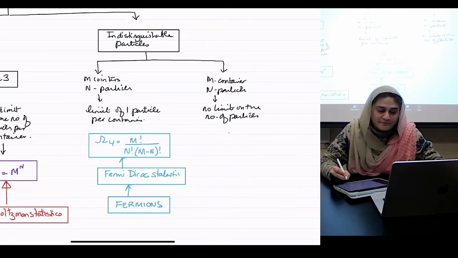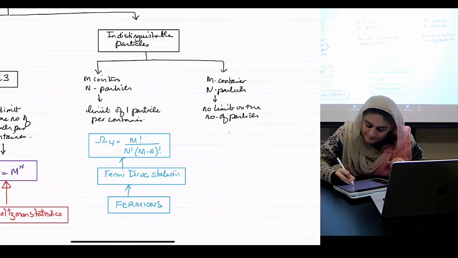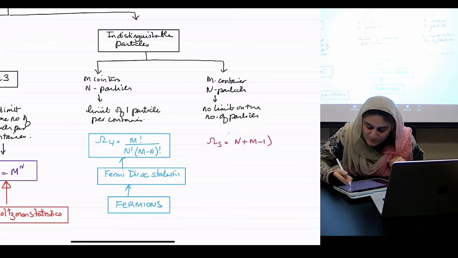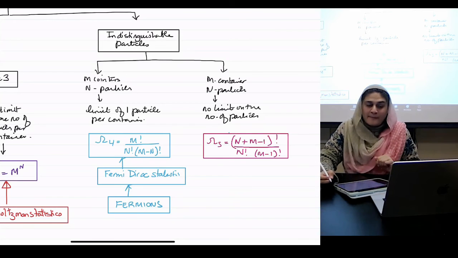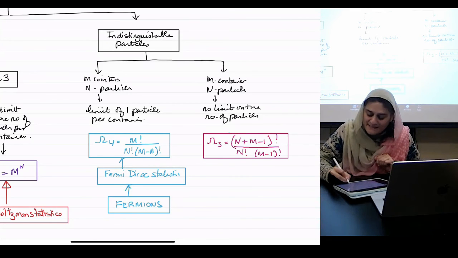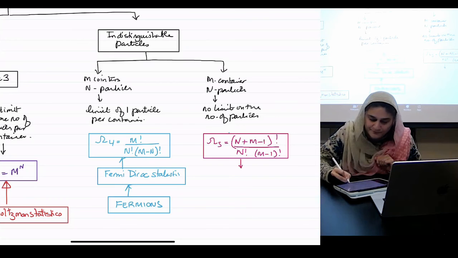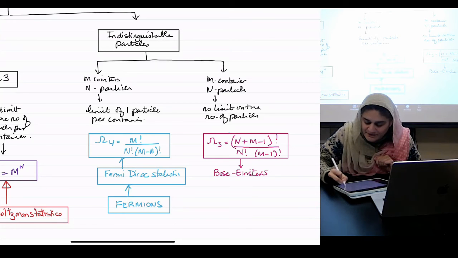Multiplicity given as Gamma equals n plus m minus 1 factorial divided by n factorial times m minus 1 factorial. This is the basis for Bose-Einstein statistics.